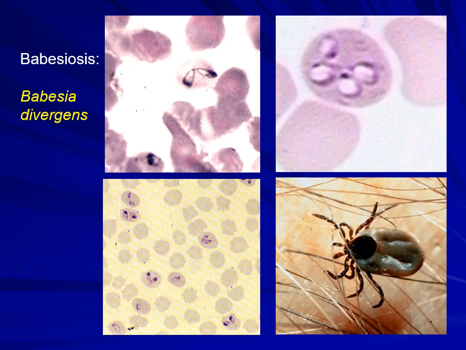So if you find some rings in RBCs and they are not that typical of malaria, think of Babesia as well. This is usually associated with animal farming, cattle, sheep, goats, and others, which are infested by ticks, of course, and the tick may transmit the infection to humans taking care of those animals in the farm.